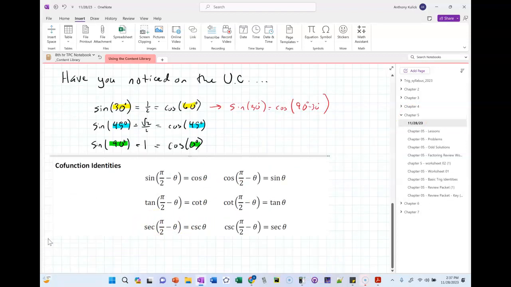Notice here that instead of using 90 degrees in our identity, we're just using pi over 2, which is the radian equivalent of 90 degrees. That's okay with everybody? I think we've hammered that fact home pretty good with our counting of quadrants in the last chapter, that 90 degrees and pi over 2 are the same thing. So that's just the radian version of that.